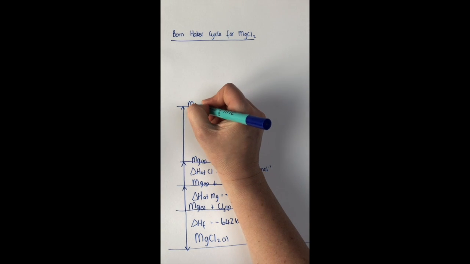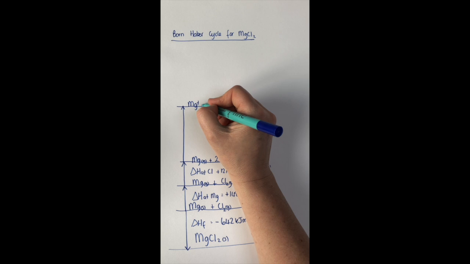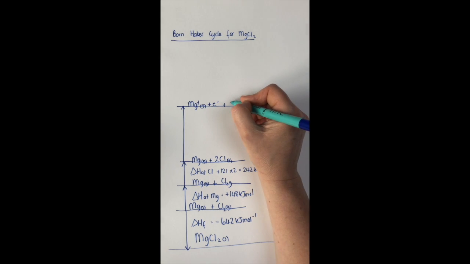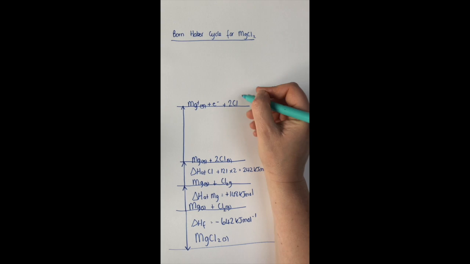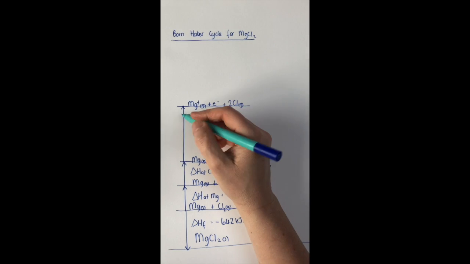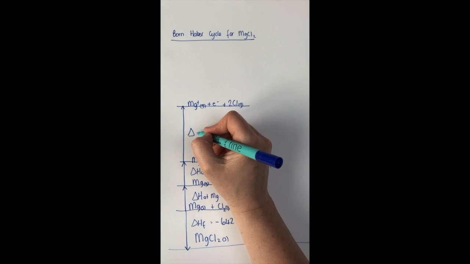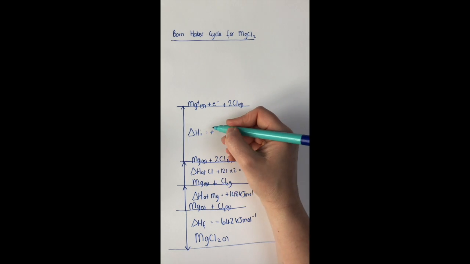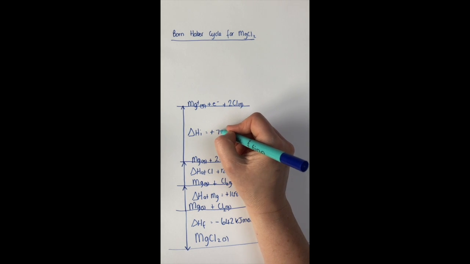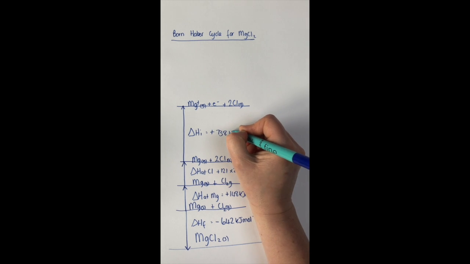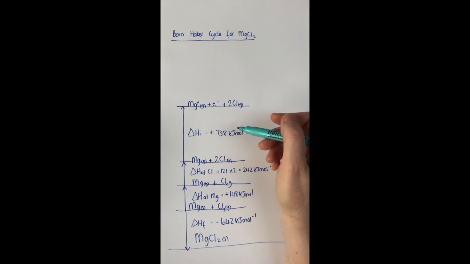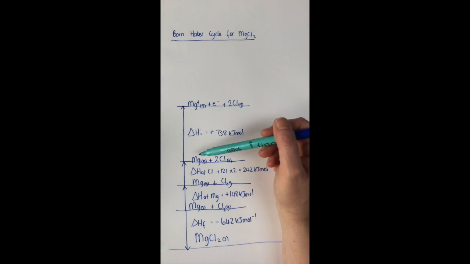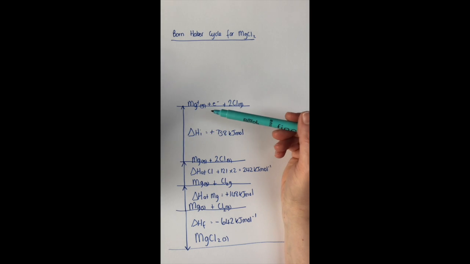So we're going to form a magnesium ion, which is in its gaseous state, plus an electron. And we've still obviously got those 2 atoms of chlorine. Now that first value, that delta H of ionization, is equal to plus 738 kilojoules per mole.